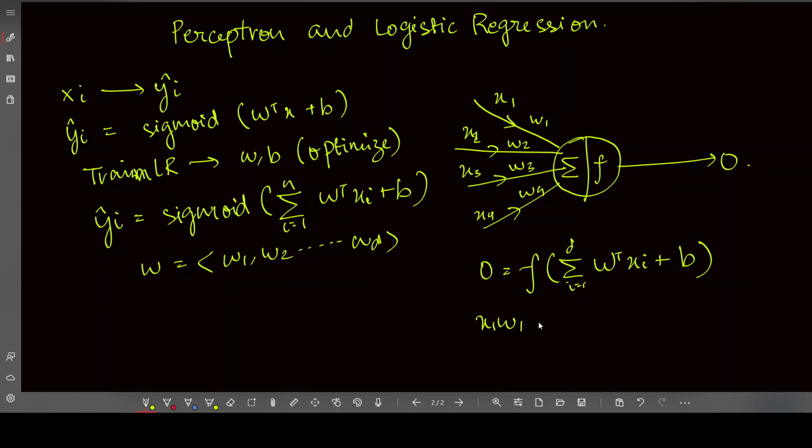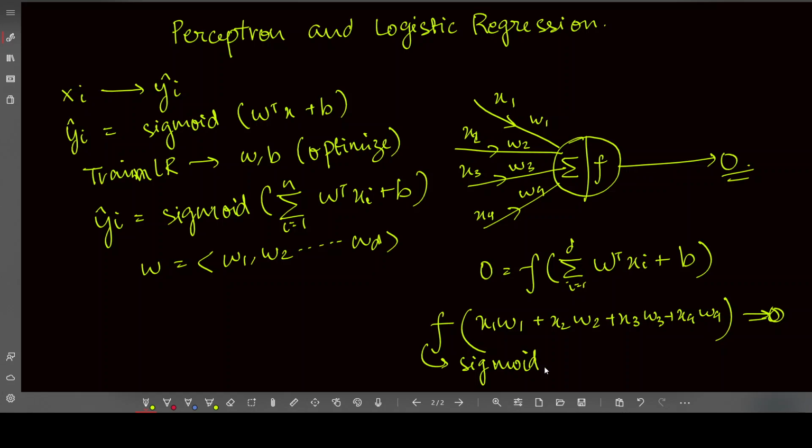And I sum all of them, plus x2 w2 plus x3 w3 plus x4 w4, okay? And I sum it all up, correct? If I apply a function on this, I get an output. This is basically my output, right? Now if this function is sigmoid, I've essentially modeled the logistic regression using a perceptron.